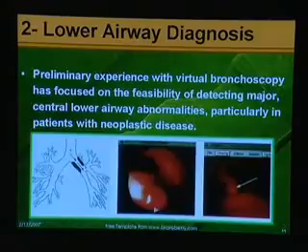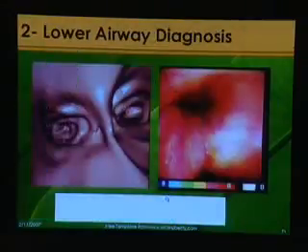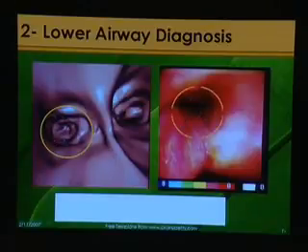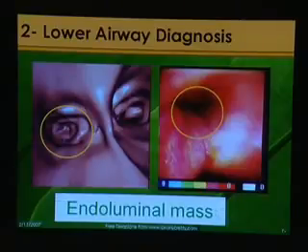Here we have a stenotic lesion obstructing the right main bronchus, and there is the corresponding fiber optic endoscopy image and virtual endoscopy showing the polypoid mass. Here we have another case showing a polypoid lesion attenuating the right main bronchus, and this is the corresponding fiber optic endoscopy image. This is an example of endoluminal mass.